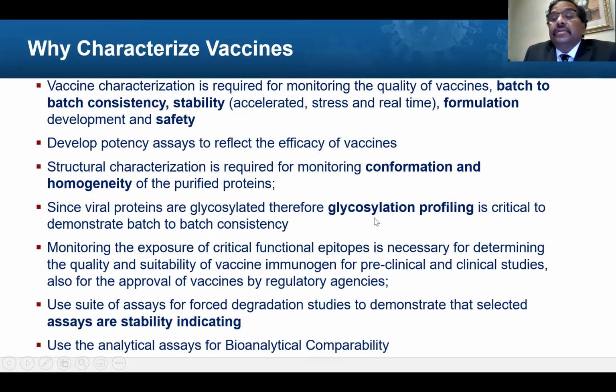We don't want the glycosylation profile to change either during upstream or downstream, as that may impact the potency of the vaccine. Monitoring the exposure of the critical functional epitope is also necessary. And last but not least, we need to demonstrate that the assays we are using are stability indicating, and then how to use these assays for bioanalytical comparability.